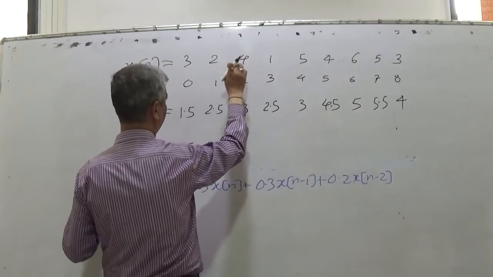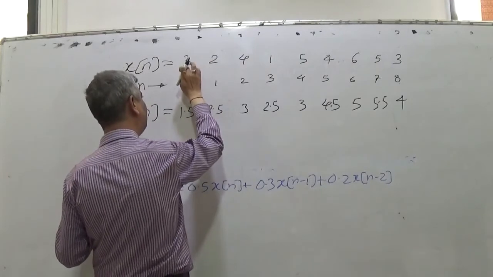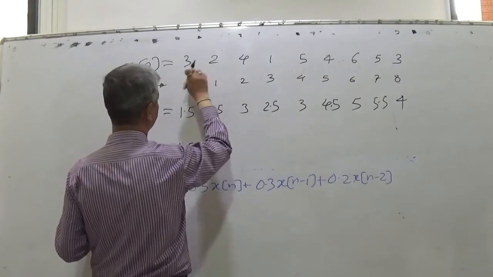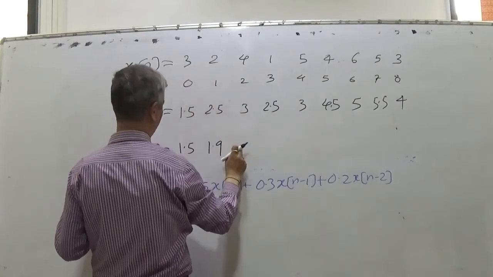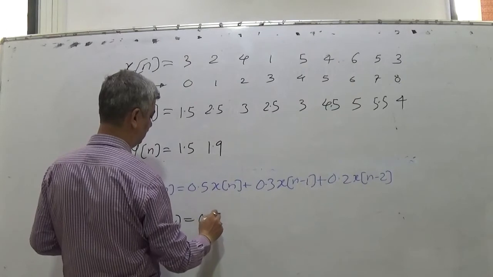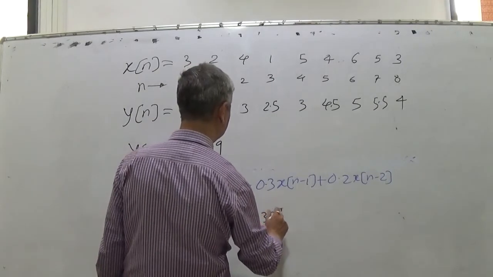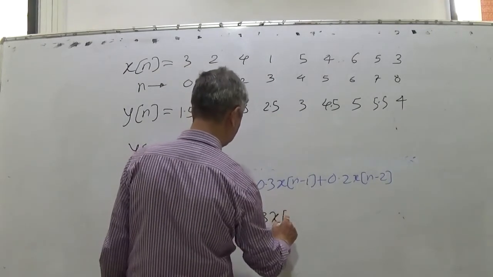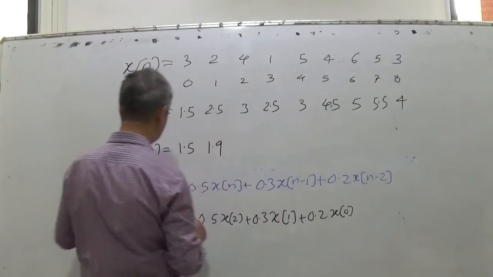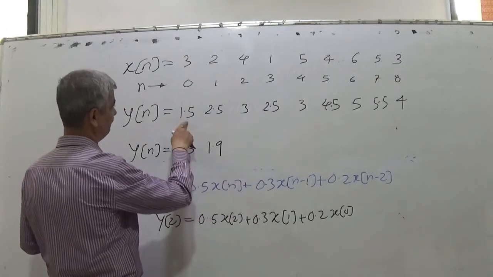If I want to calculate y2, y2 would be 0.5 x2 plus 0.3, not average, x1 plus 0.2 x0. What was y0? Y0 was 0.5 x0 because the others were 0. So it was half of this.